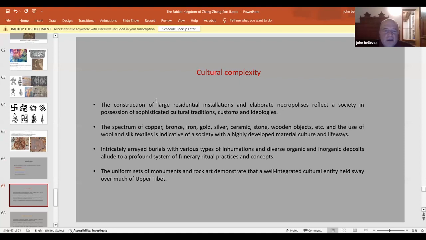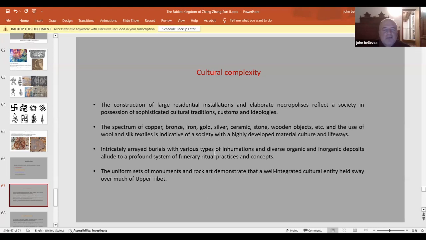Cultural complexity. The construction of large residential installations and elaborate necropolises reflect a society in possession of sophisticated cultural traditions, customs, and ideologies. The spectrum of copper, bronze, iron, gold, silver, ceramic, stone, wooden objects, etc., and the use of wool and silk textiles is indicative of a society with a highly developed material culture and life ways.